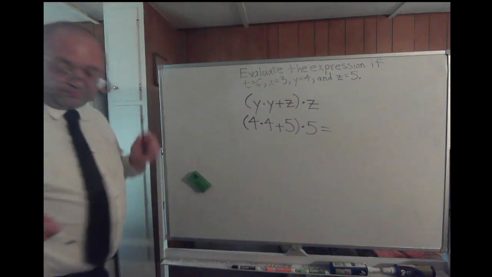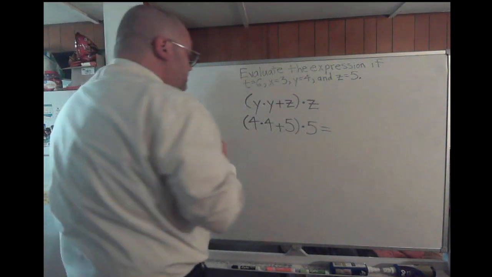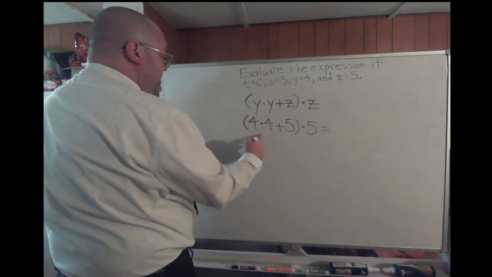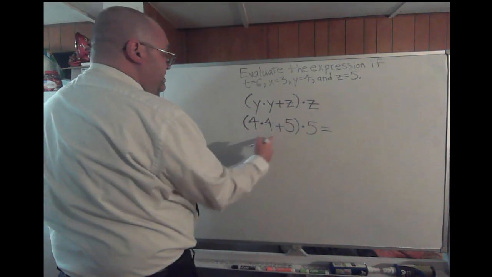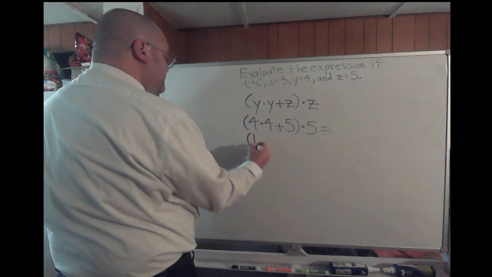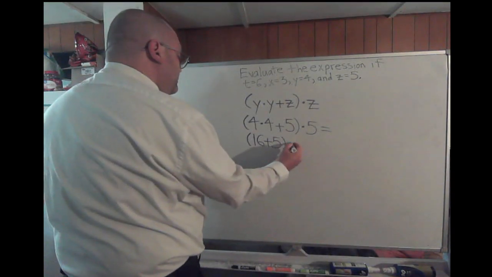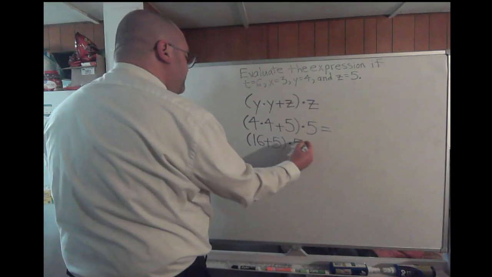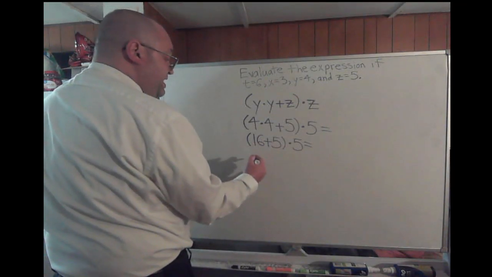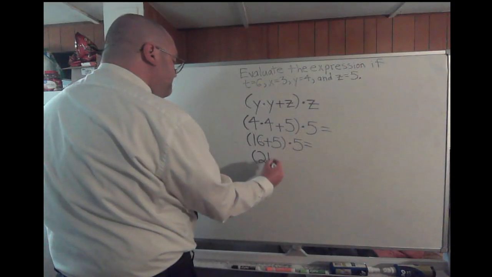Okay. Well, of course we got to do what's in the parentheses first. Inside the parentheses we have multiplication and addition. Multiplication comes first, so 4 times 4 is 16. You'll have that plus 5, that quantity times 5, well, we're still dealing with what's in the parentheses. 16 plus 5, that's going to be 21.